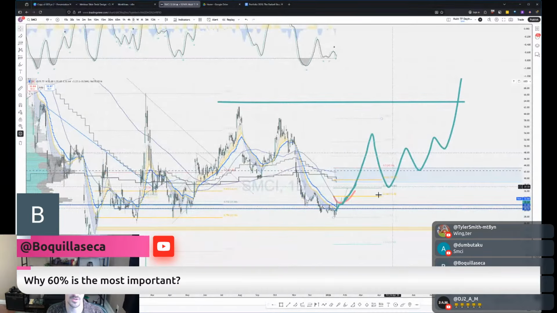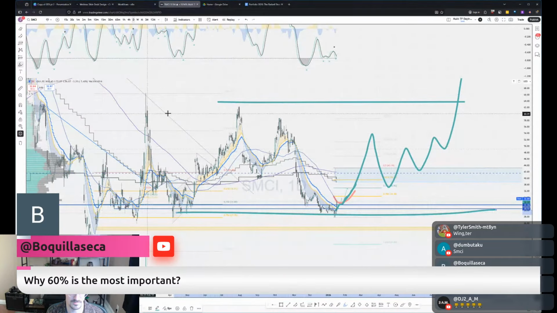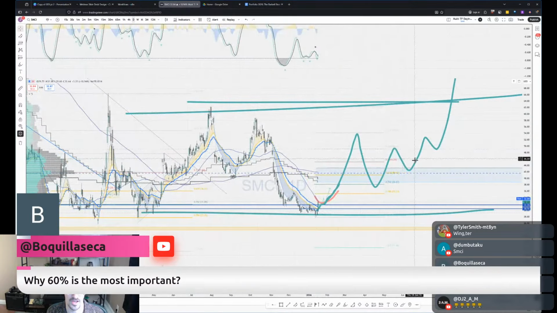The general idea, though, is as we digest this price range between this low and these highs up here, pull that fib up just a little. The idea is that we are going to do this in a way in which market makers can accumulate the most shares at the cheapest prices.